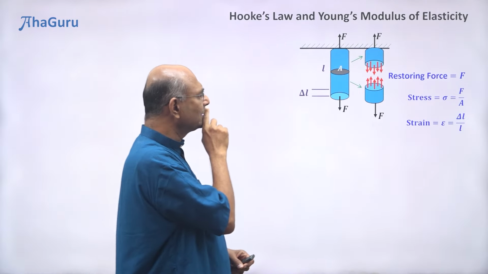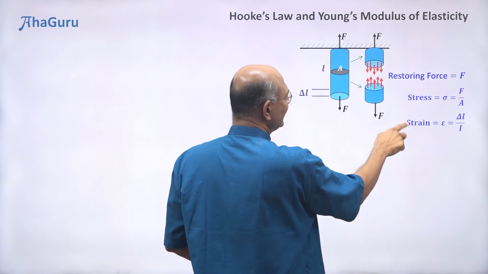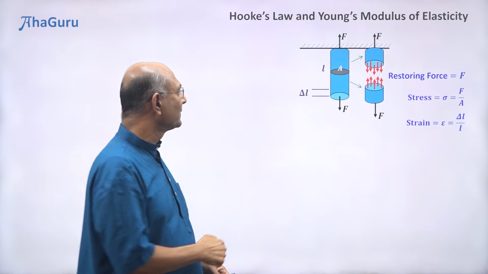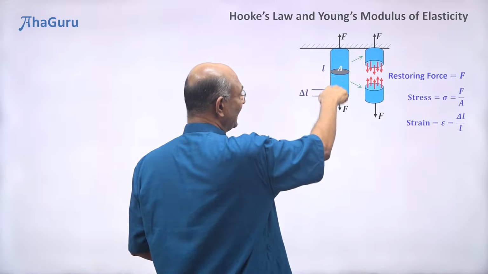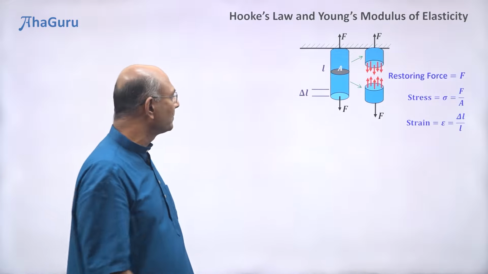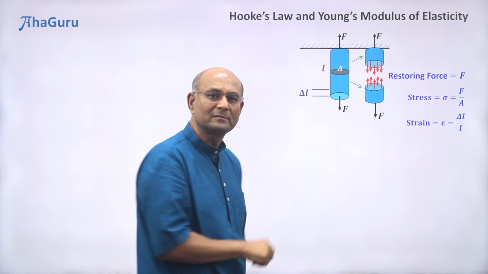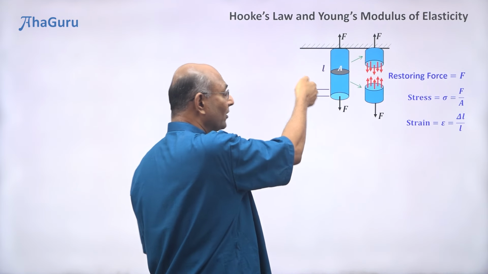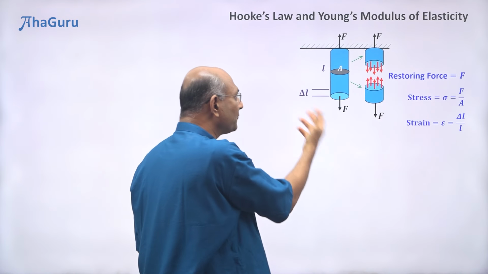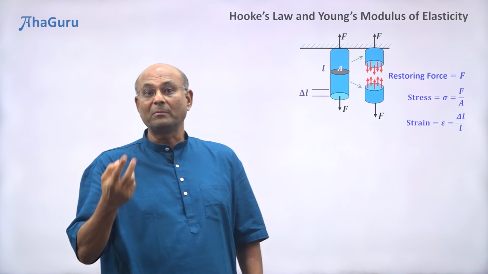Now the question that comes up is, are stress and strain connected in some way? Yes, think about it. If I exert a force F, let us say that the rod elongates by delta L. Suppose I double the force. What do you think? Obviously the elongation will also increase. In fact, you probably expect that if I double the force, the elongation will also double.